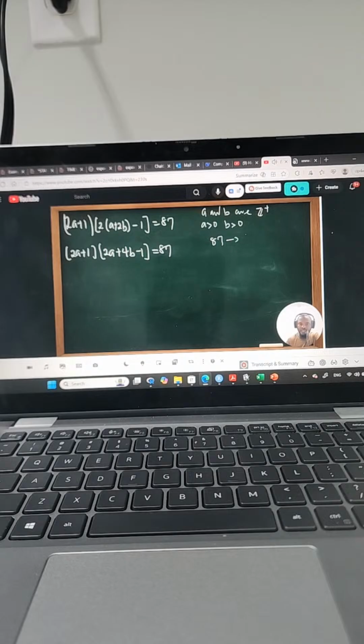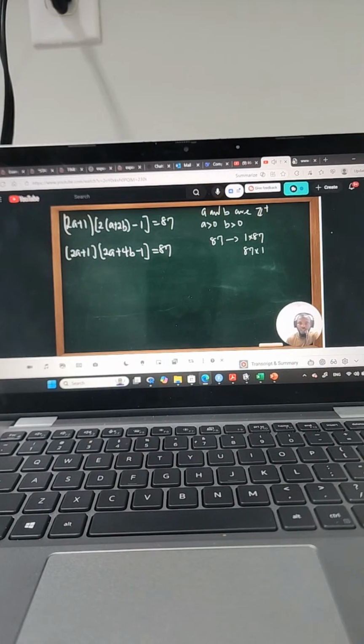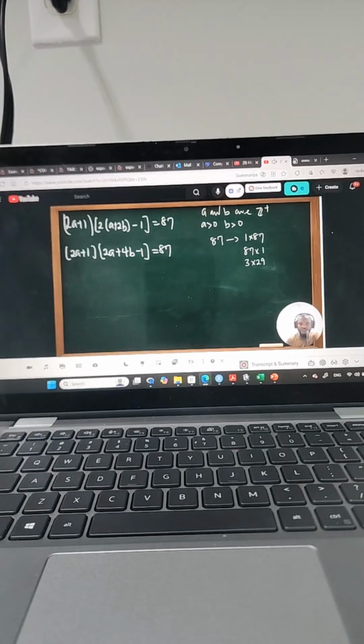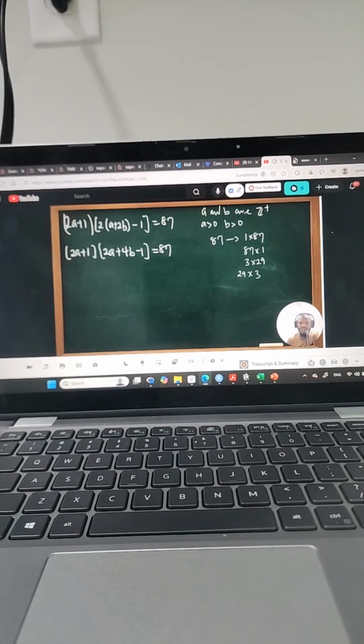The first case, you can have 1 times 87, which gives 87. The second case is 87 times 1. The third case is 3 times 29. And the fourth case is 29 times 3. Now, let's look at these four cases. Which of these is more appropriate?